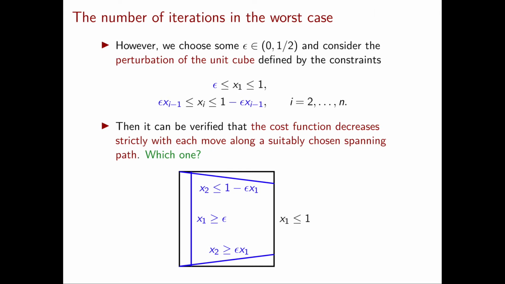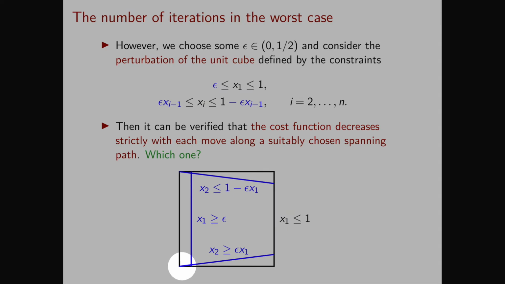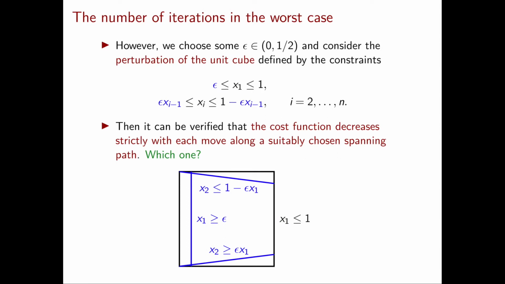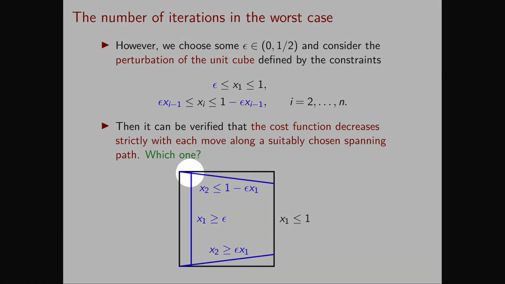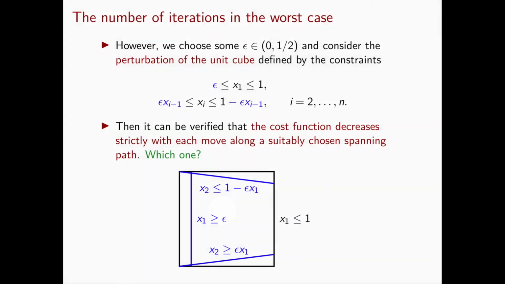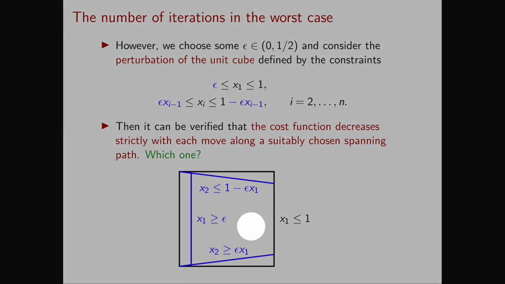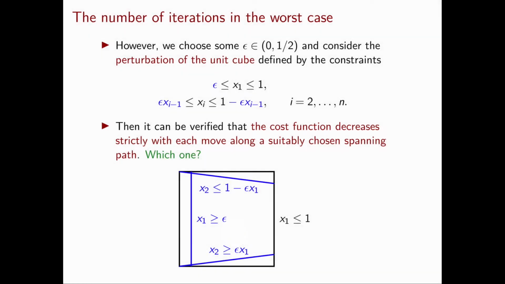In fact, the line below passes through the origin and the point (1, epsilon), while the line corresponding to the inequality above passes through the points (0, 1) and (1, 1 minus epsilon). So now our perturbed cube is the set of points contained in this inner region of the picture. It definitely looks like a perturbed cube, and you can see that the closer epsilon is to 0, the closer this perturbed cube is to the original unit cube.